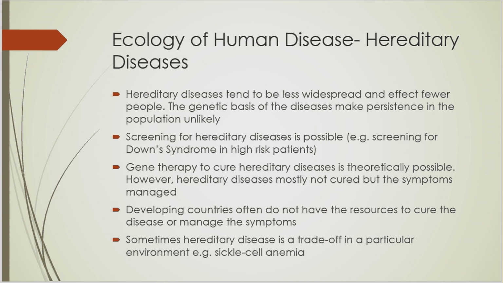So this could be a human adaptation to being able to survive in parts of Africa, because sickle cell anemia is most prevalent in Africans. It could be an adaptation to be able to survive in parts of Africa where malaria and sleeping sickness is prevalent. Okay.